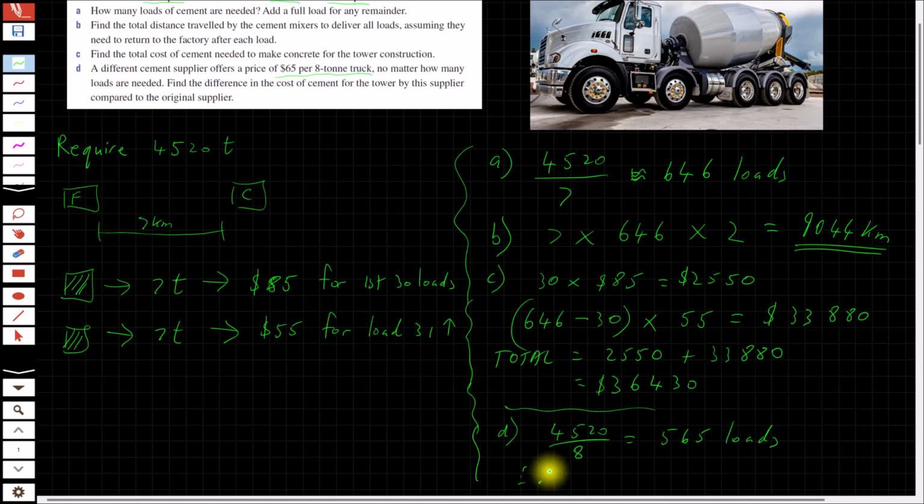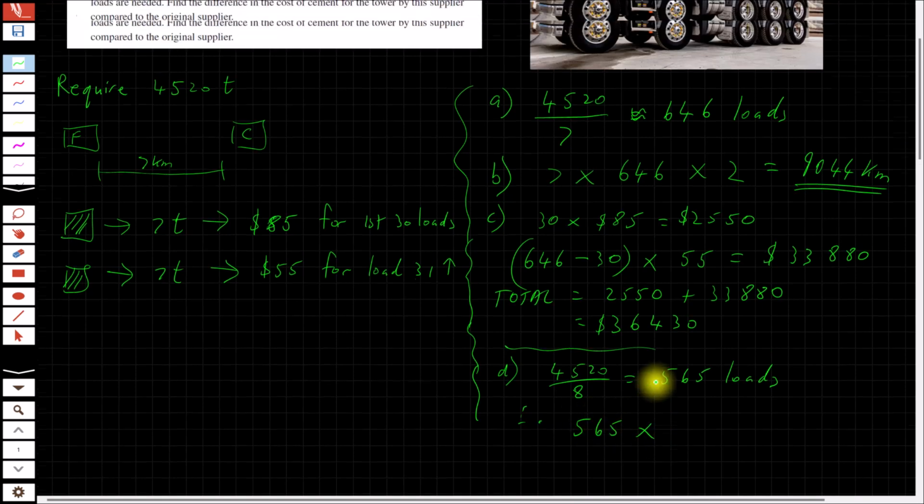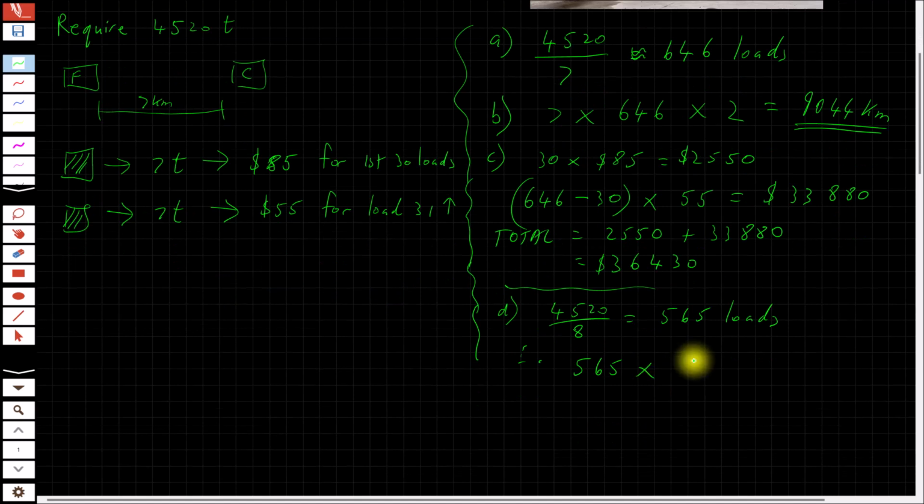Now it costs $65 for every single one of these loads, so we need to multiply that. Therefore, 565 times $65 a load, and that equals 36,725. And we can see the difference here. So the difference between this and this, we use subtraction.